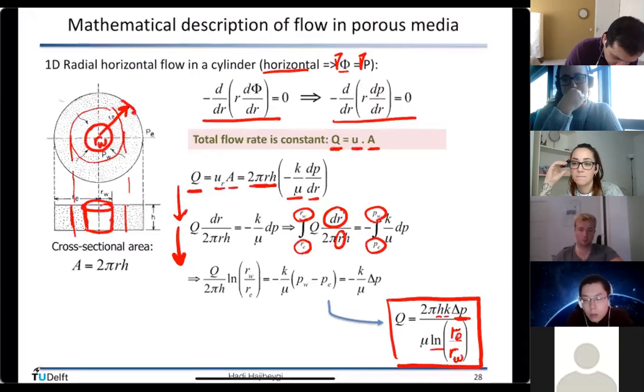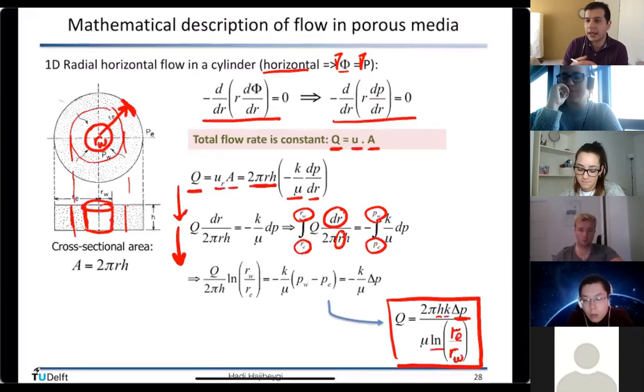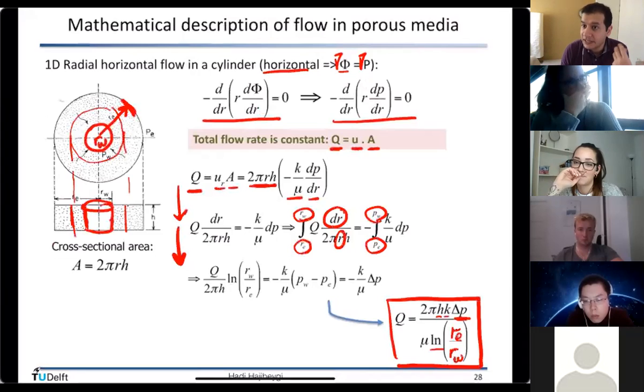RE is some radius far from the well. It can be any R. You just call it R, then it would be R. And that's exactly the well equation that we have, and Peaceman studied that many years ago to obtain the well formulation.